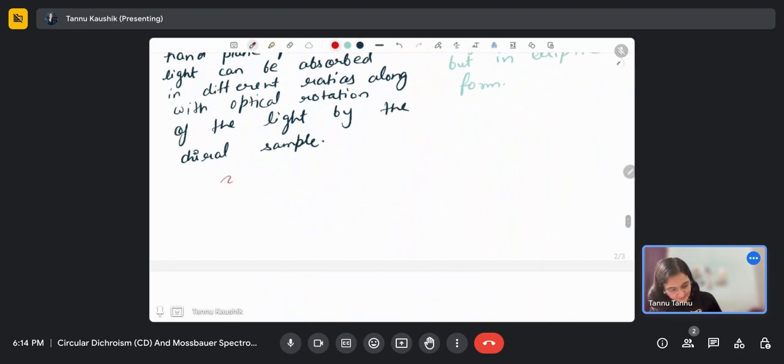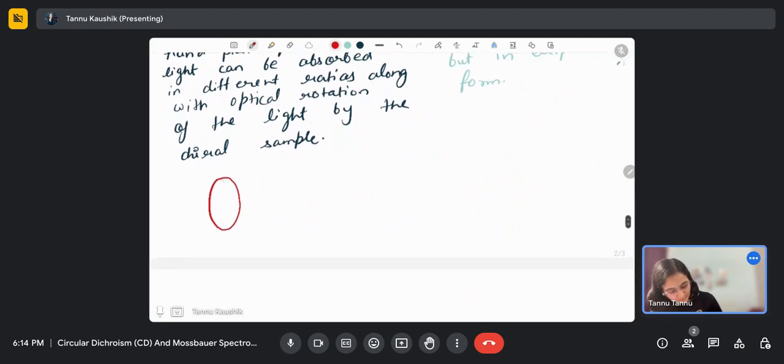So this elliptical pattern of the resultant polarized light we have got here is such that this is the major axis and this is the minor axis.